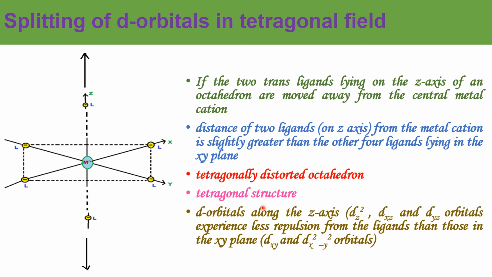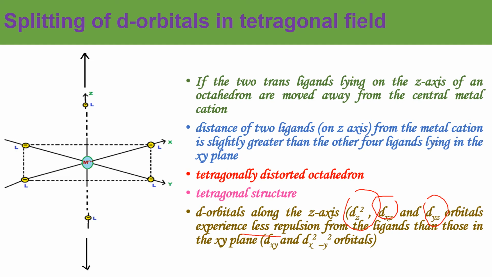We know the d orbitals along the z-axis, that is dz square, dxz and dyz, experience less repulsion, because the splitting is due to the repulsion between the electrons of the ligands and the metal.